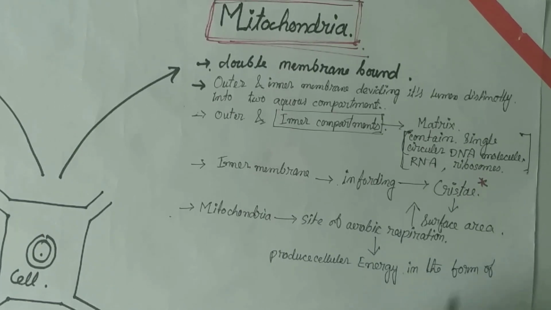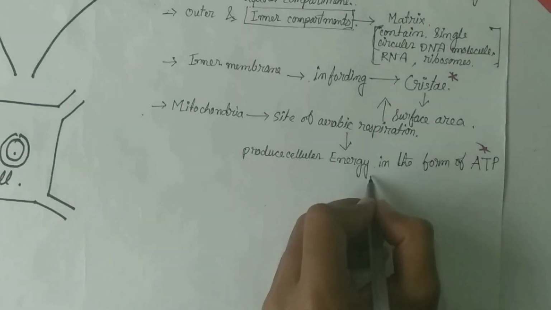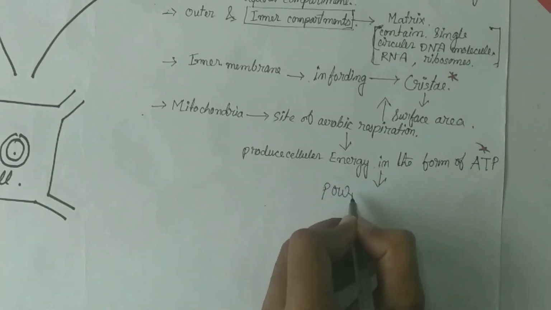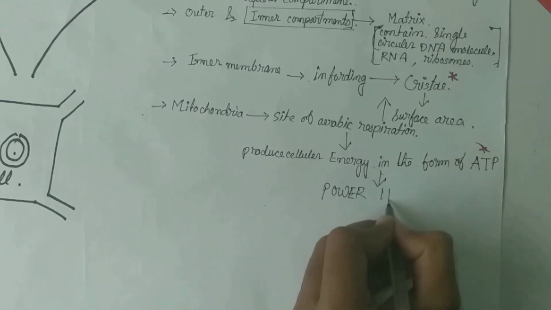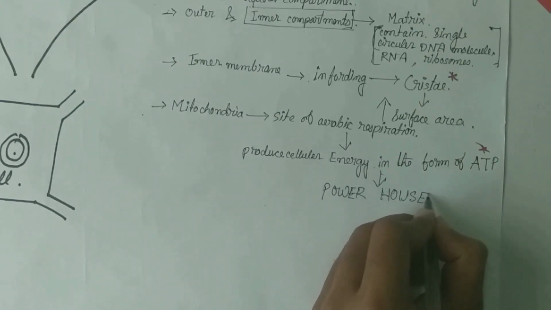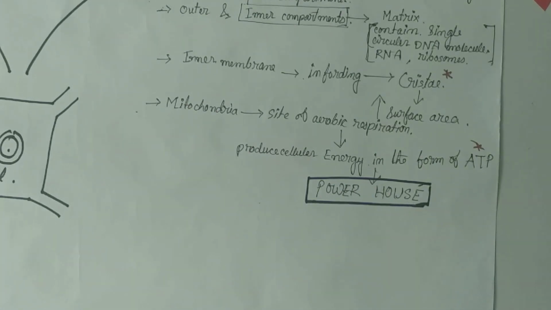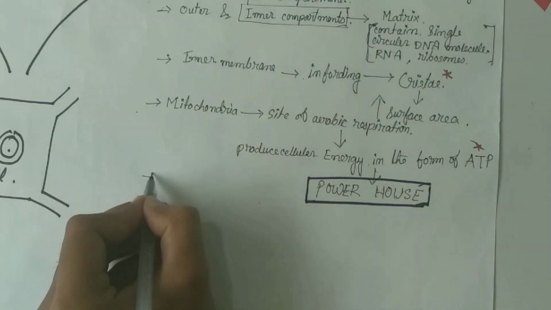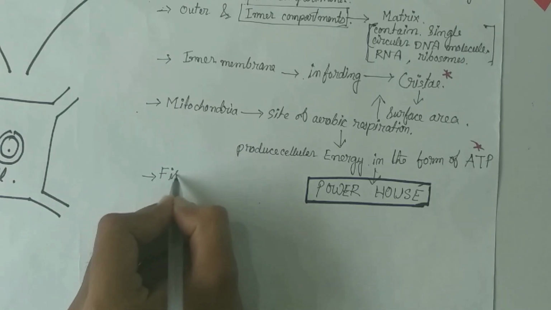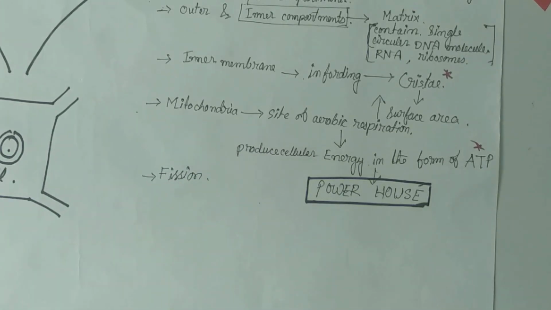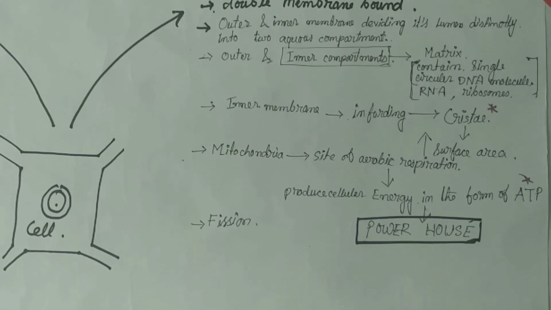Hence, the mitochondria are called the powerhouse of the cell. NCERT says that the mitochondria are capable of dividing by fission.